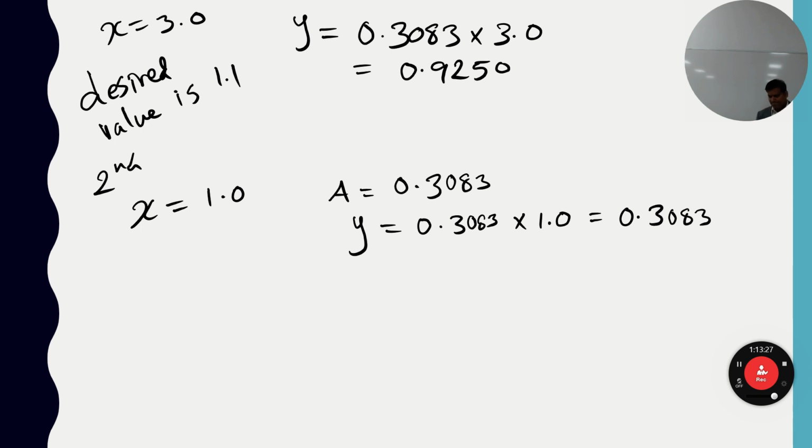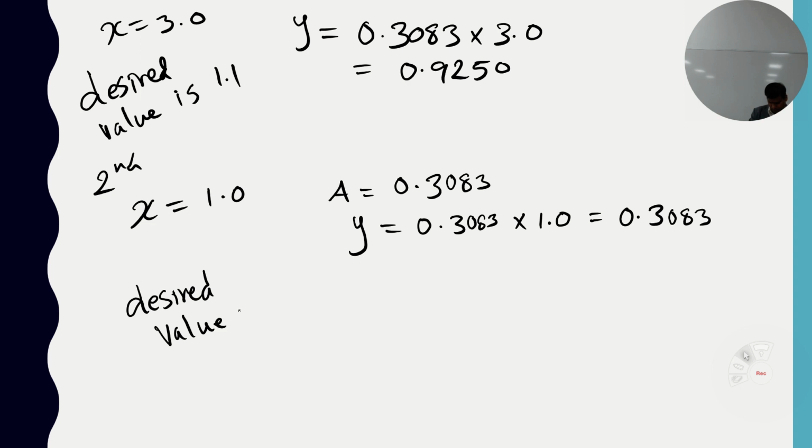So now you got this value here. The desired value was 0.9, so the error is 0.9 minus 0.3083. That is going to be 0.5917.